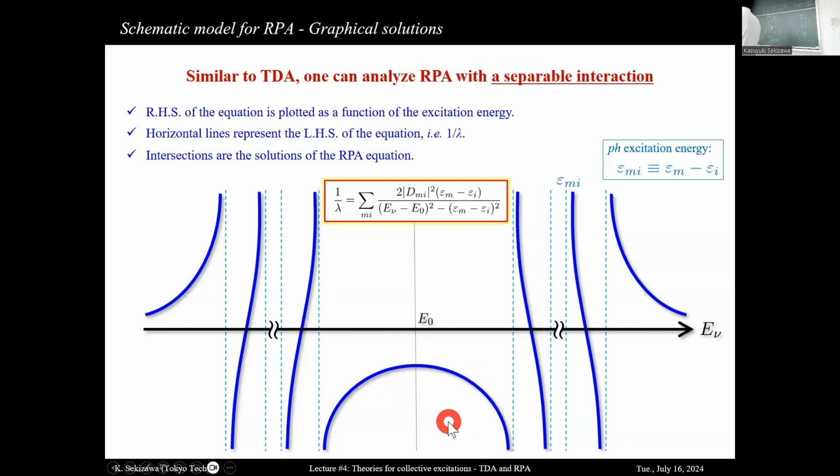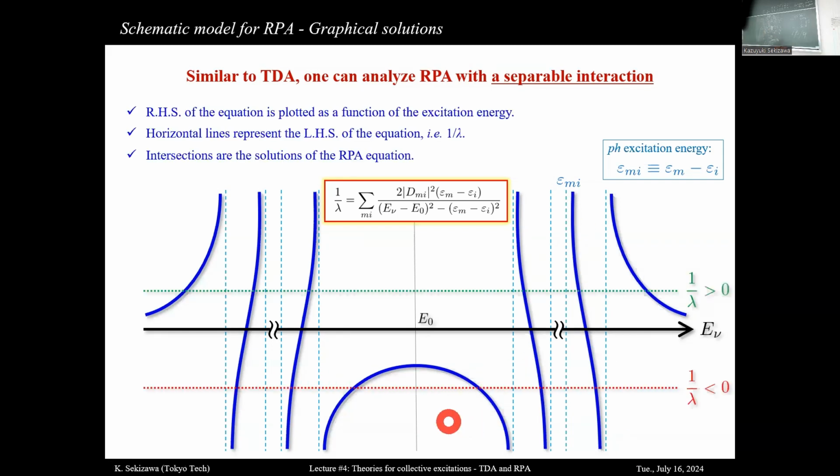And now you can draw the left-hand side, this 1 over lambda, and it depends on the sign and the amplitude of lambda. Those are cross points and related to the solutions of these RPA equations.